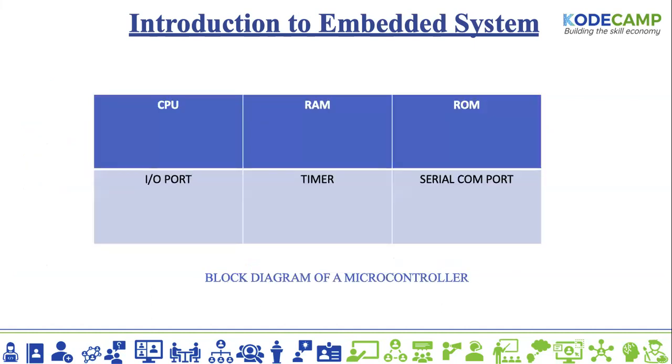Now, talking about the block diagram of a microcontroller, it has a CPU, RAM, ROM, input and output ports, a timer, and a serial port for communication.